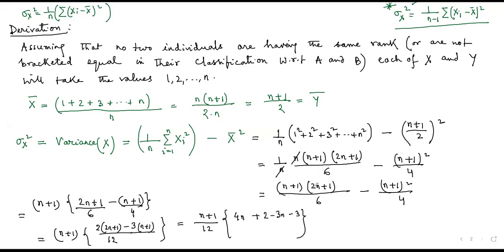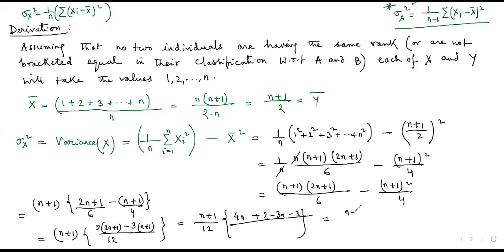Now, we get (n plus 1) into (twice n plus 1) by 6 minus (n plus 1) whole square by 4, and we are taking n plus 1 common. We are getting (twice n plus 1) by 6 minus (n plus 1) by 4. So LCM is 12, and in the numerator we get 2 into (twice n plus 1) minus 3 into (n plus 1), which gives 4n plus 2 minus 3n minus 3.